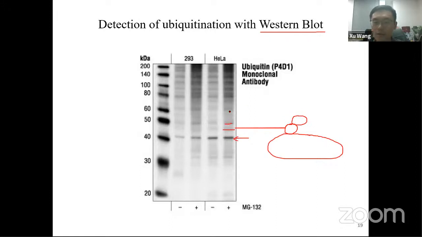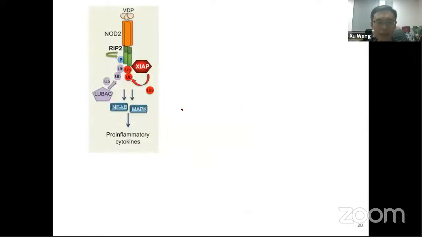So the ubiquitination Western blot looks like a ladder. This is, of course, the optimal condition. We can see that the ubiquitinated protein appears as a ladder in the Western blot, because with one more ubiquitin, the molecular weight of this protein will increase by 7.6 kilodalton.